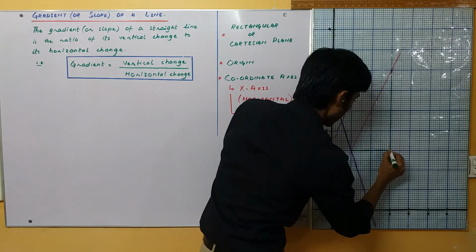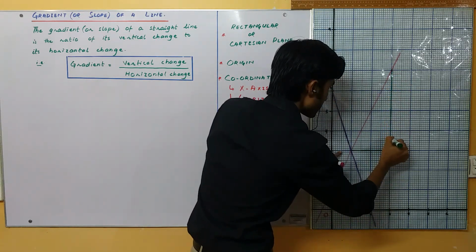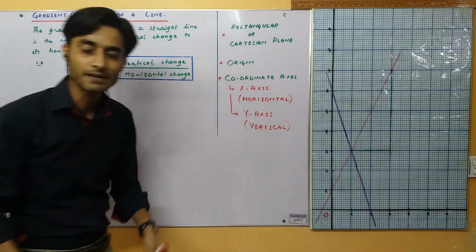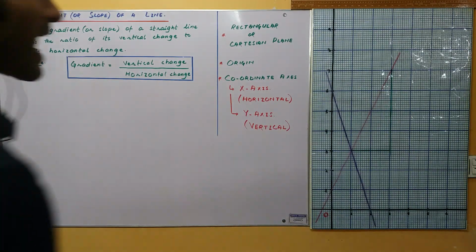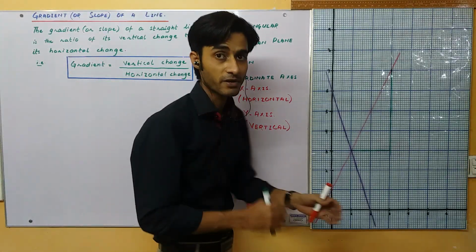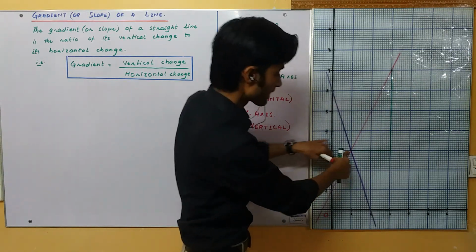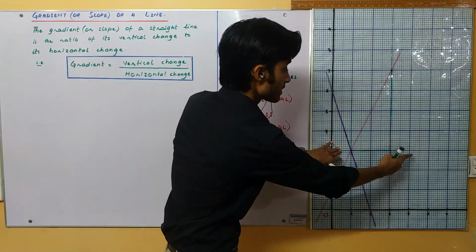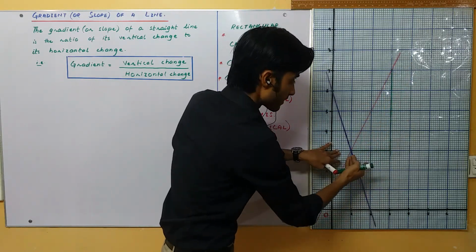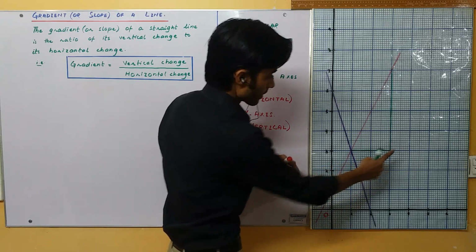I hope these two lines are visible. So I've taken any two random points of my choice, and I am going to see how much vertical and horizontal change there is between these two points. This is the first one that I considered, this is the second one, and I only want to see how much vertical change there is. This is the vertical change in the line, and this is the horizontal change in the line. How many units are there?